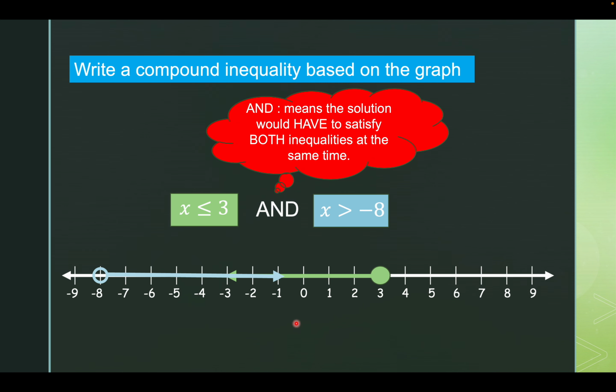And means the solution would have to satisfy both inequalities at the same time. Would -5 be a solution? Yes, it satisfies both inequalities at the same time. If you choose a number outside, it wouldn't satisfy. We use and when any number you pick is going to satisfy both inequalities at the same time.